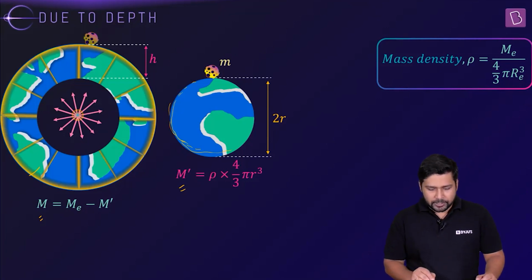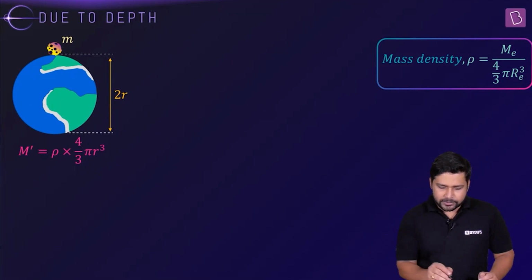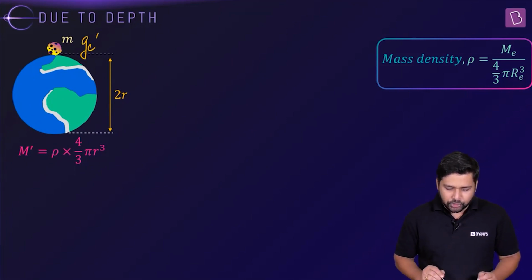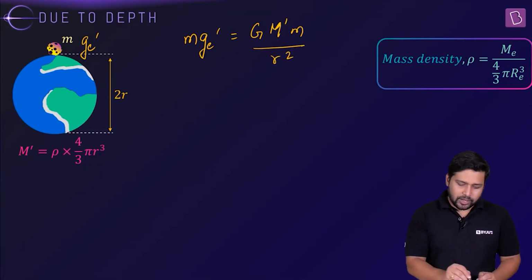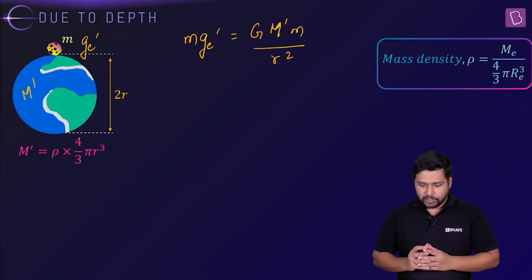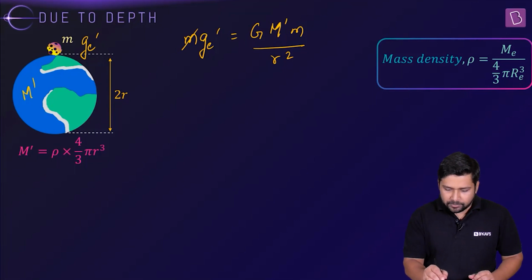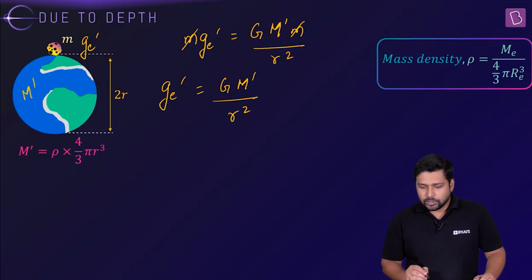Okay, perfect. Now as we know this, all we are left with is to apply the formula and get to the result. If the value is g dash over here, I can write m g dash is equal to G times M dash times small m divided by r squared, where M dash is the mass of this portion of the earth. Now g dash can be written as G M dash by r squared.